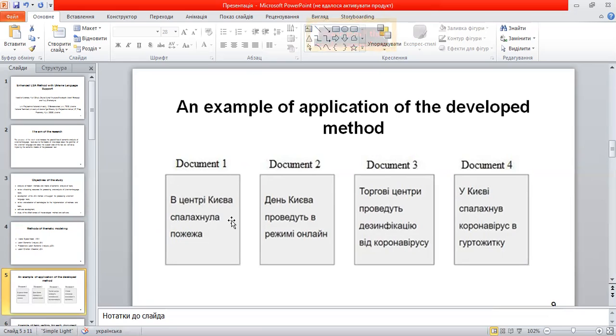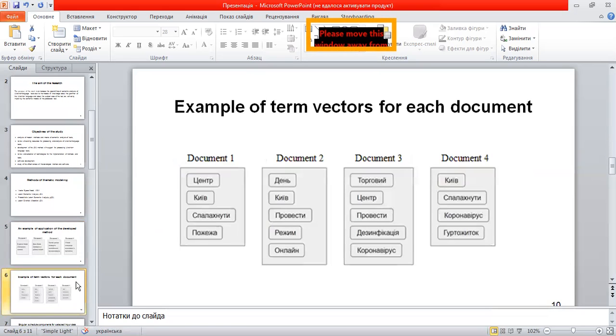So, the input data is a corpus of Ukrainian language text consisting of 4 short documents that contain common words to clearly show the results. After bringing all the words to the normal form, the part of speech of each term is determined using the Peremoha tool morpho analyzer.